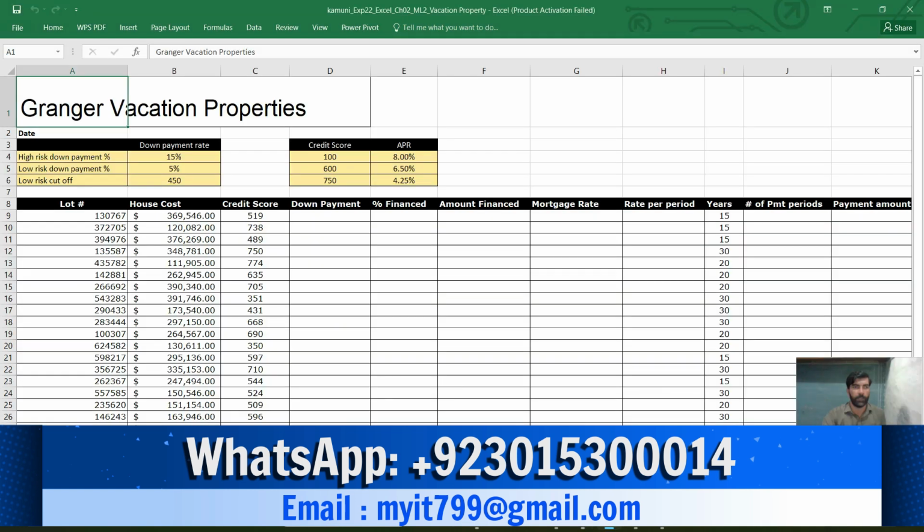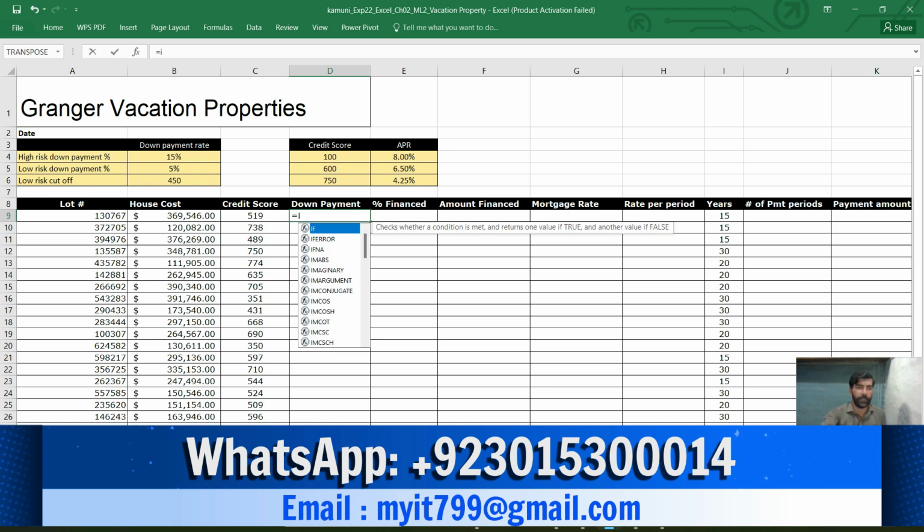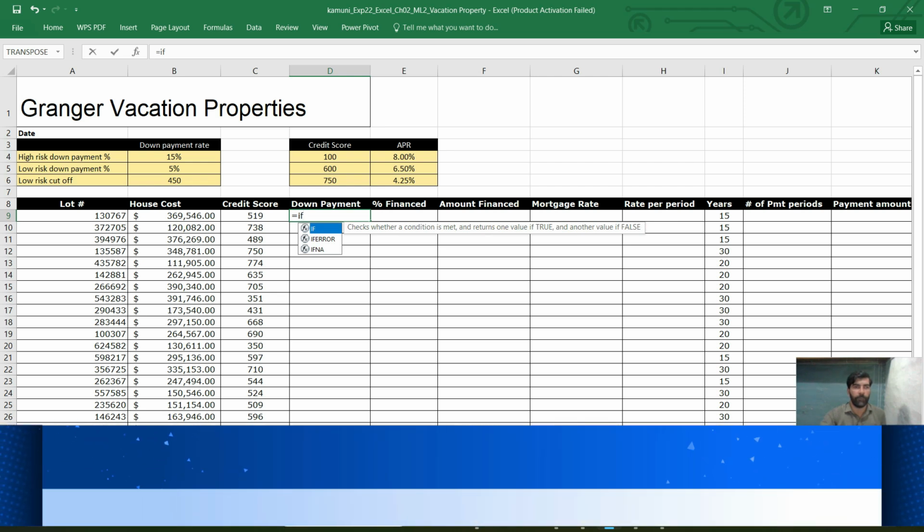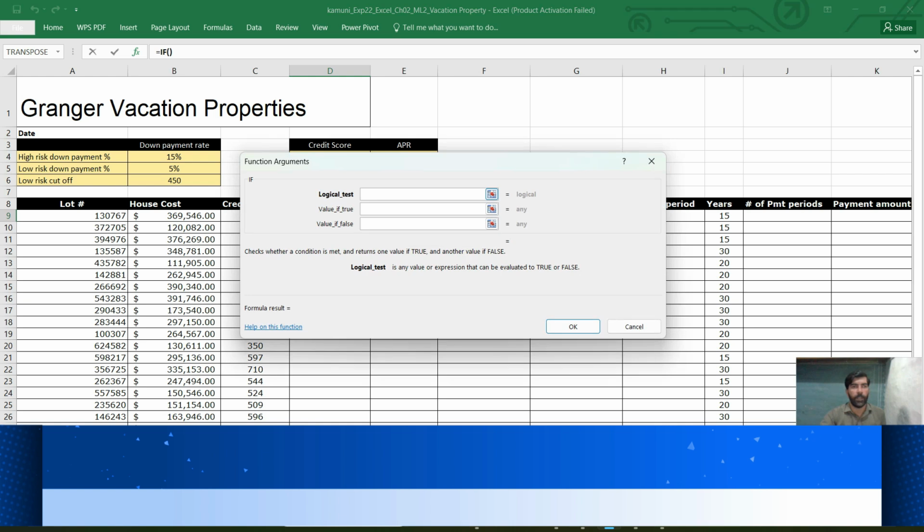And for calculating the down payment, we just put an equal sign here and write IF. Double click on this IF function, click here, and this is the logical test that we have to apply.